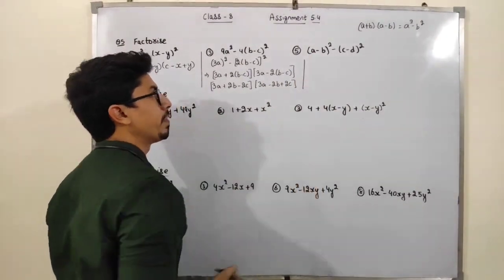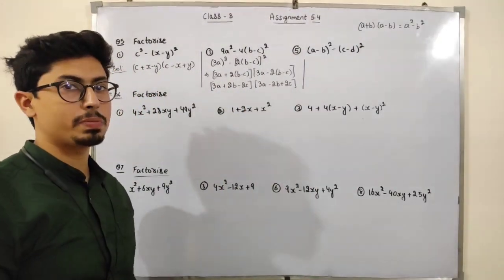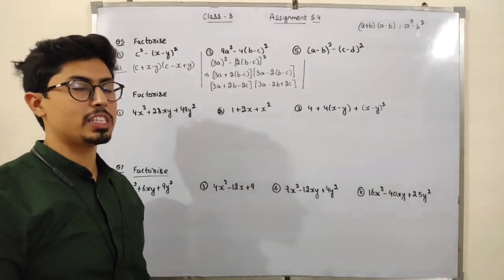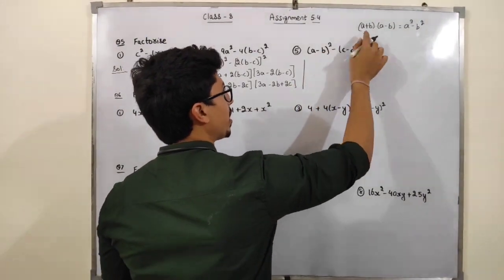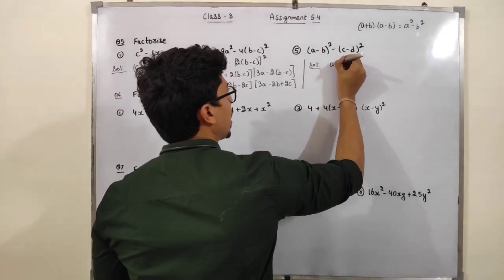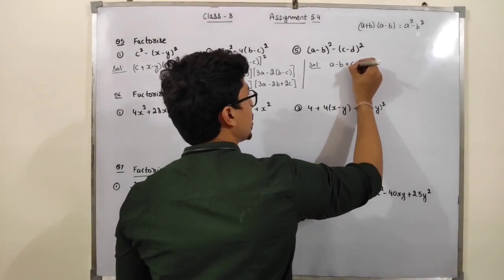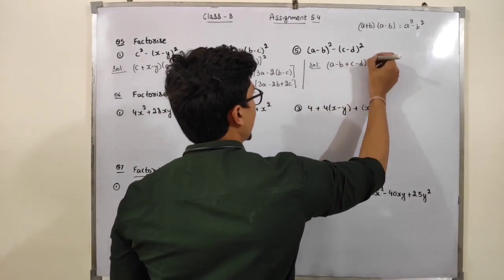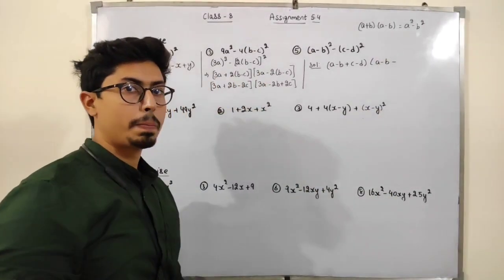Now moving forward to the fifth part, students. Again, I can use the formula a square minus b square. A is a minus b, b is c minus d. This is a, this is b. So I can use a square minus b square. So what will it be, students? A, that is this number, plus b, so it will be c minus d, and a minus b.